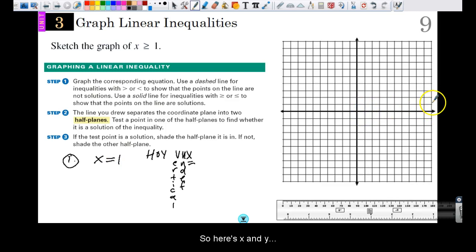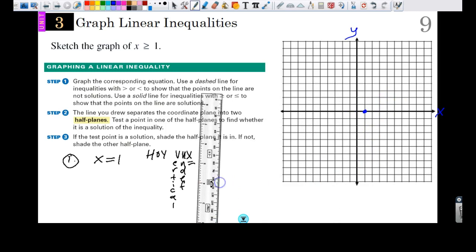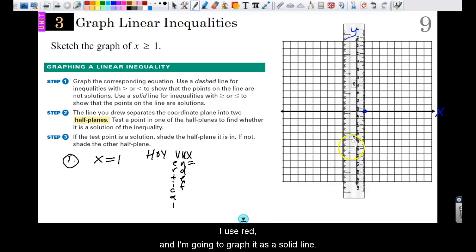So here's x and y, of course. Here's x equals 1. It's going to be a vertical line. Now, is it dotted or solid? Well, if you check, the inequality has a line underneath. So in this case, I'll use red, and I'm going to graph it as a solid line, like this.